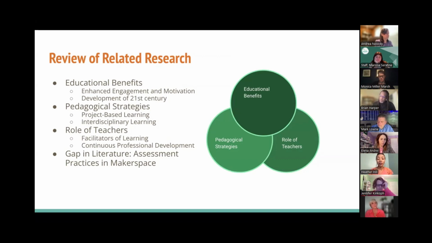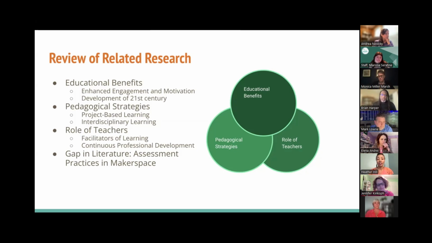But very little scholarship examines assessment practices, because most of the activities in makerspaces are student-centered and student-directed, and the prize factor of those contexts tends to be autonomy.